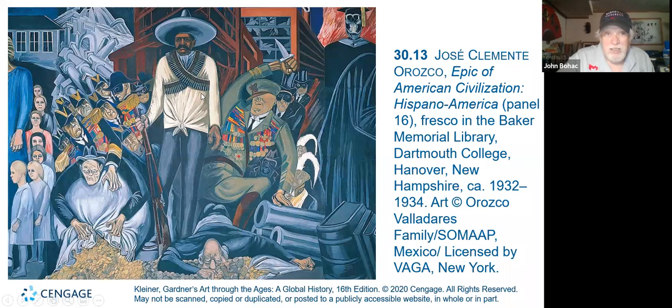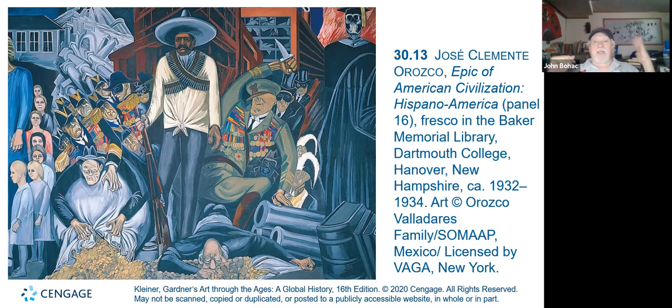I mean, he's got a bandolier of ammunition and stuff, but basically your average guy getting stabbed in the back, and then you see all of these other masked characters and stuff. So, anyway, you can see, like I was saying, there's typically a political bent on what's being depicted.